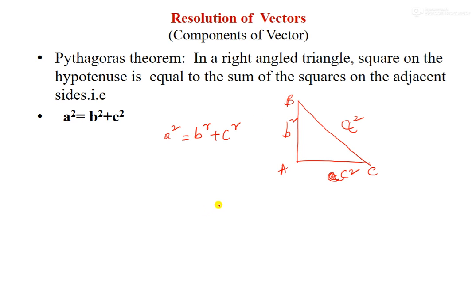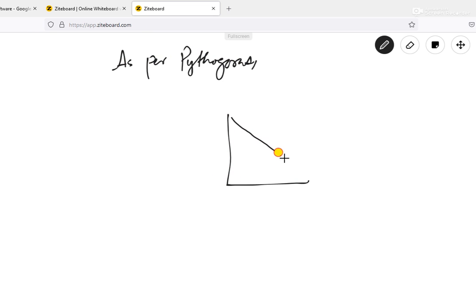So as per the Pythagoras theorem, suppose this is a right angle triangle. The square on the hypotenuse, and the squares on the other two sides, we complete these squares.